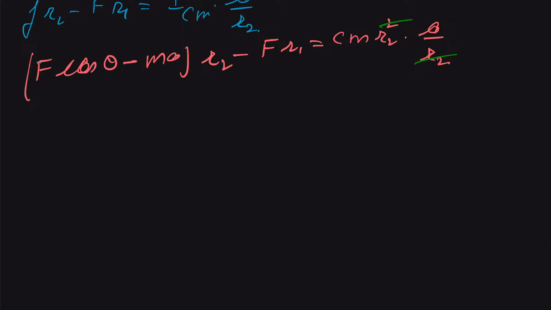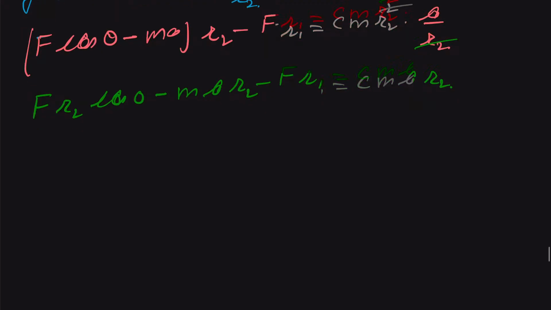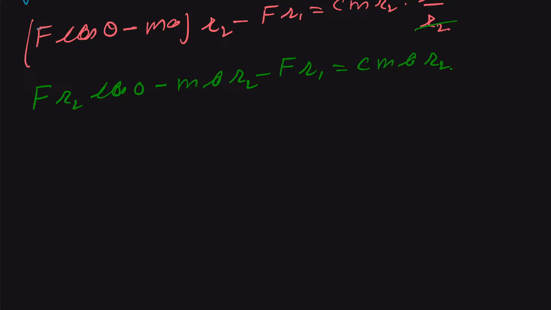We get from here that F R2 cos of theta minus MA R2 minus F R1 is equal to CMA R2. We can take F as common on the left side.